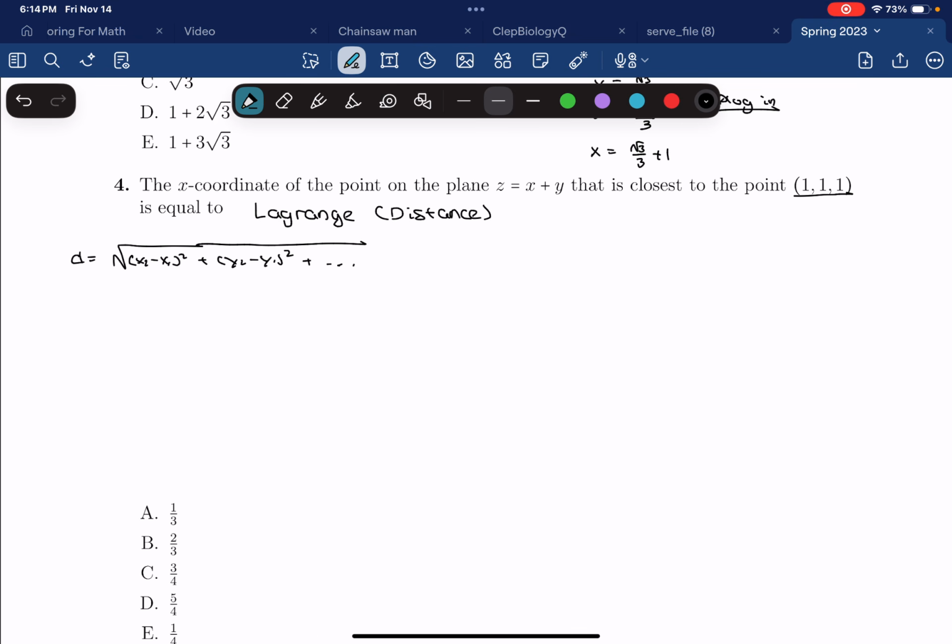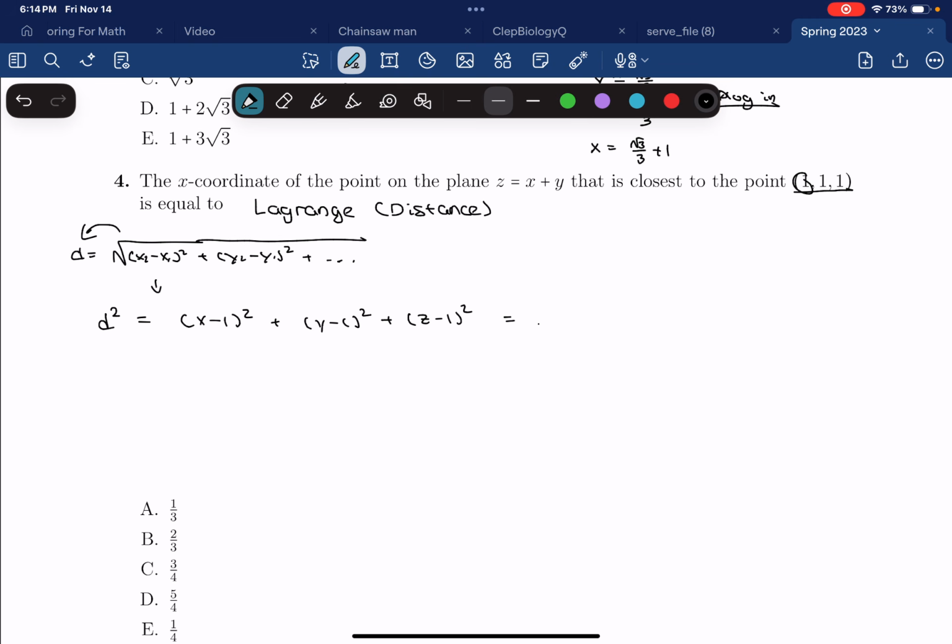So how do we set this up? Well, in this case, I'm just gonna square d and bring it over here. d is equal to x minus 1 squared plus y minus 1 squared plus z minus 1 squared. So this is our distance formula, which in this case is also equal to our f.